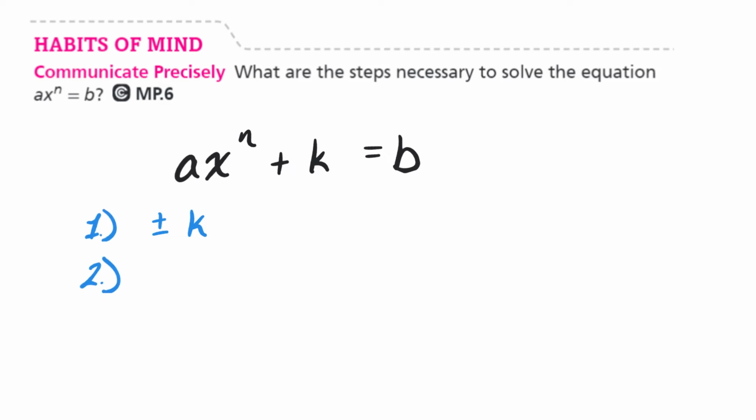Step 2, it's actually multiply or divide, but the way they have this one set up, we will divide by A, but just recognize that if it was division, the step we would take is multiplication. And then step 3, the final step would be to take the nth root. Depending on what the power is that we see up here will be the one that we use. So if it's a 4th power, we will take a 4th root.